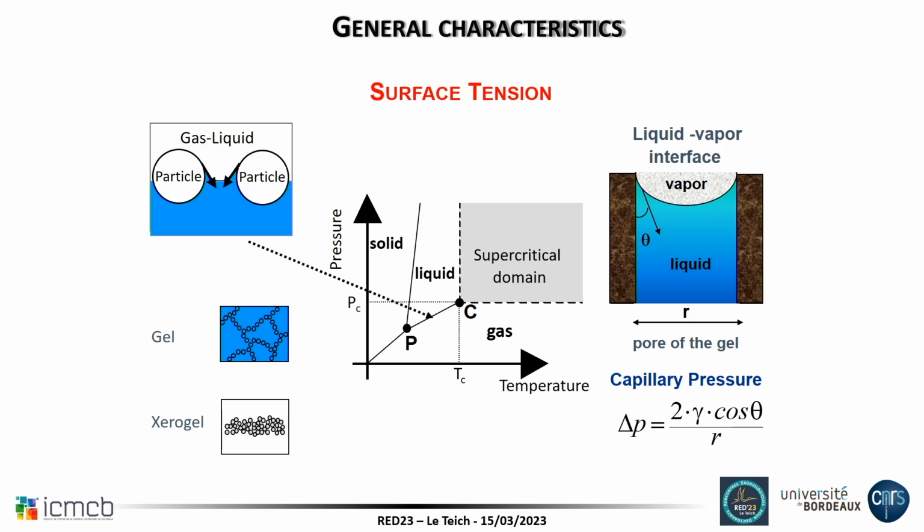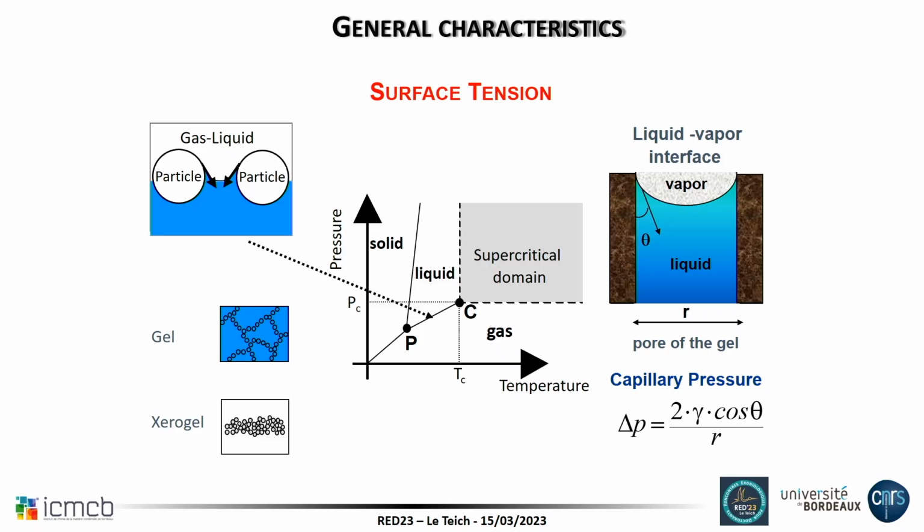And when you evaporate the water, the surface tension will contract the minerals, all the materials together, that can create assemblies. And it's the case when you want to make a gel, for instance, in water. If you vaporize the water here, you will create a xerogel. The structure will collapse. If you go through the supercritical domain, instead of just going from liquid to gas with evaporation, you don't have any phase transition and you can keep your gel.